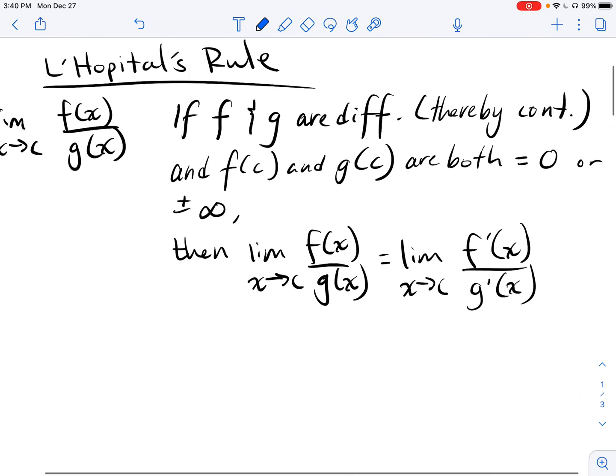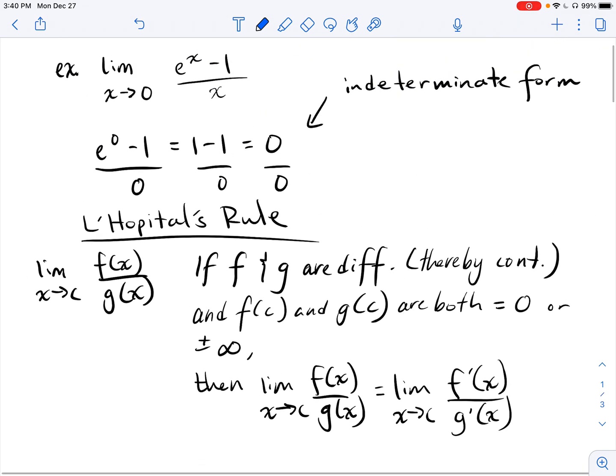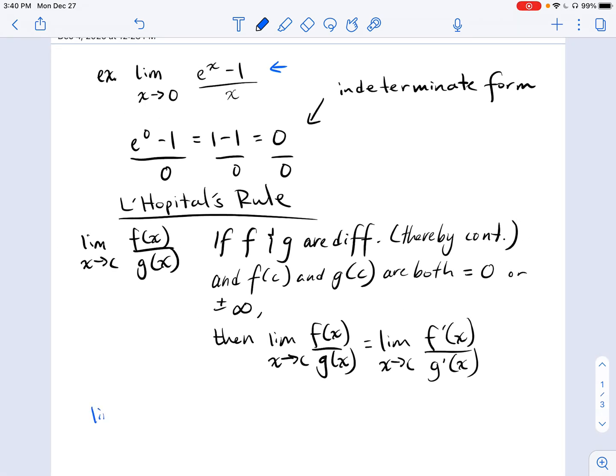So, going back to our problem, let's make sure L'Hopital's rule does apply here. First off, looking at our original problem, the limit as x approaches 0 of e to the x minus 1 is indeed equal to 0. And the limit as x approaches 0 of x is also equal to 0.